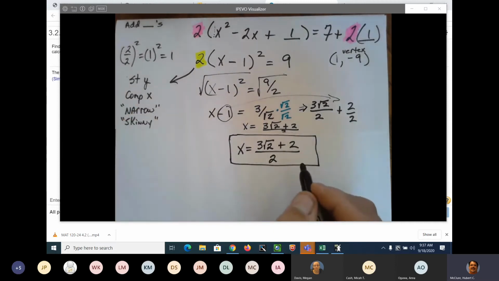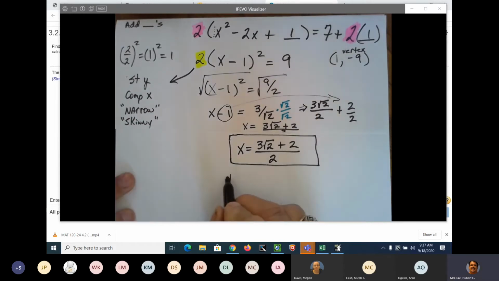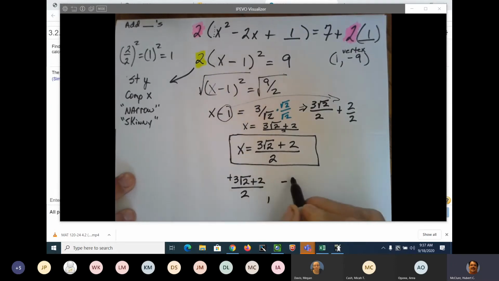Now we're going to write it the way that MyLabs Plus will want you to do it. Plus or minus 3 square root of 2 plus 2 over 2.